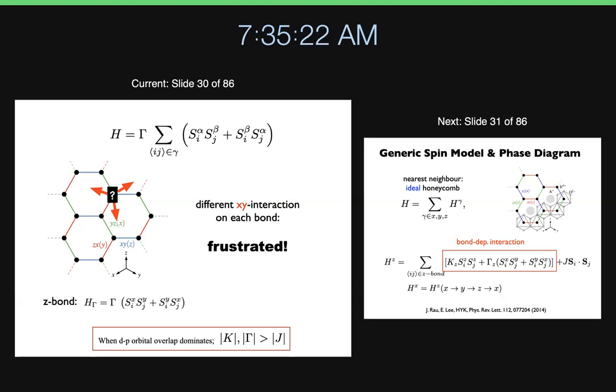Yes, in principle, one could, because I'm showing you the most essential terms. In real life, it is much more complicated. And yes, in principle, one can tune some of the hopping integrals to get gamma to be dominant.